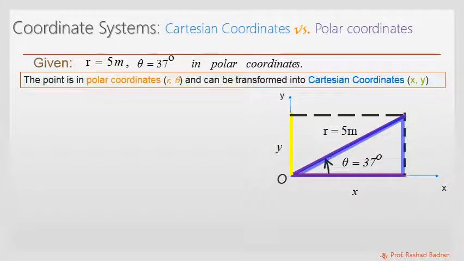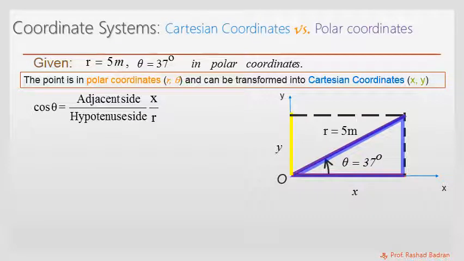Again, we have a right angled triangle where the hypotenuse represents the given r, which is 5 meters, and the angle theta is between this hypotenuse and the x-axis, which is the adjacent side.